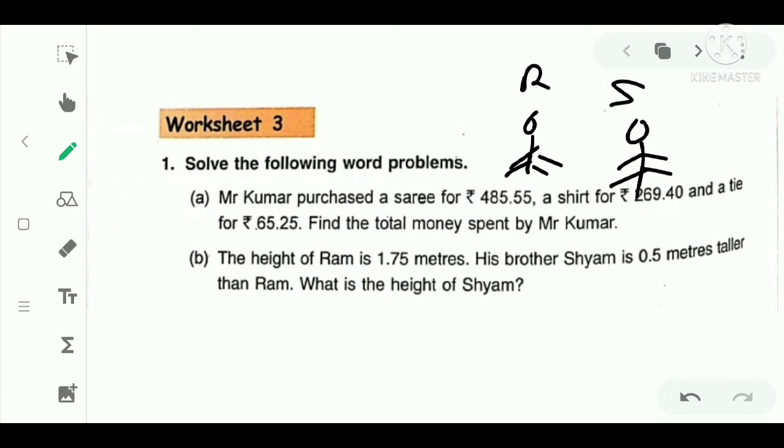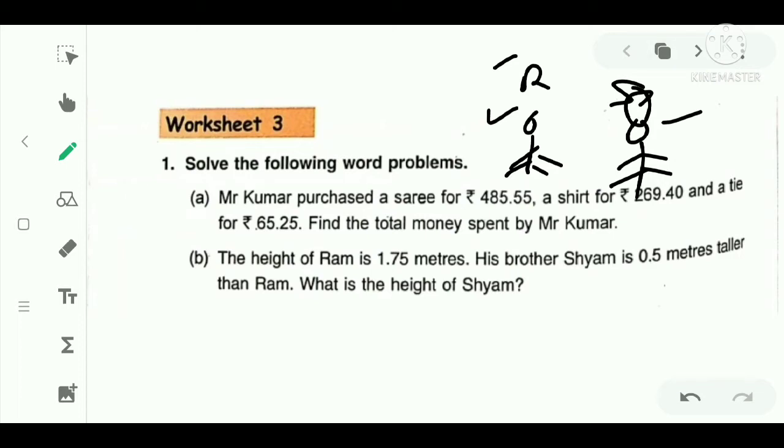Now students, it is given here the height of Ram is 1.75 meter, and his brother Shyam is 0.5 meter taller than Ram. So we want to find the height of Shyam.